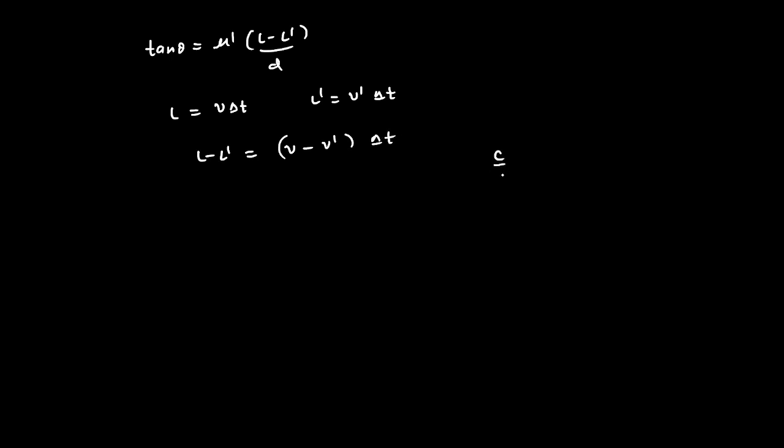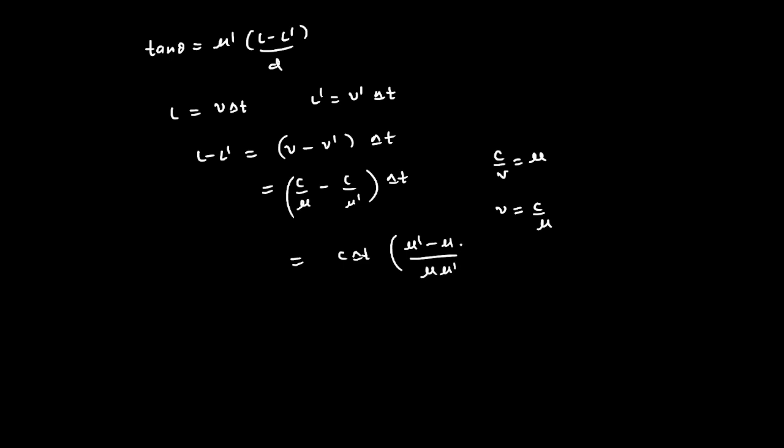Let us recollect that C by V equals mu, so V equals C by mu. Here we can write it as C by mu minus C by mu dash, that into delta T. So we have C delta T times mu dash minus mu by mu dash. That is our L minus L dash.